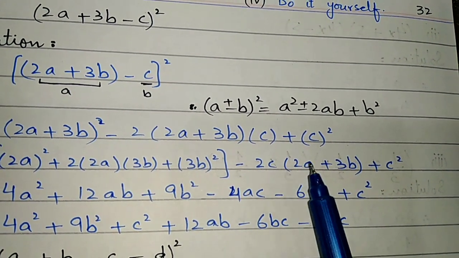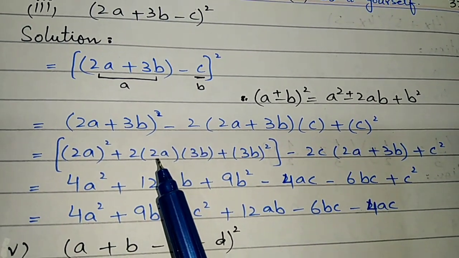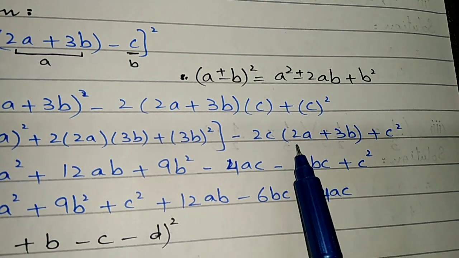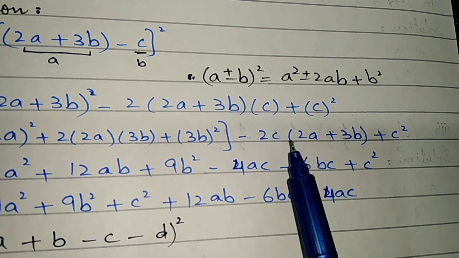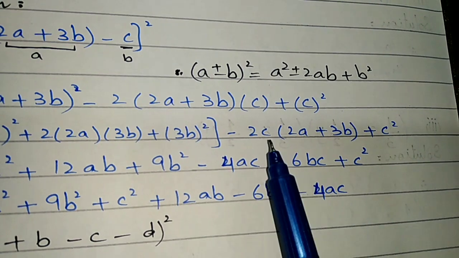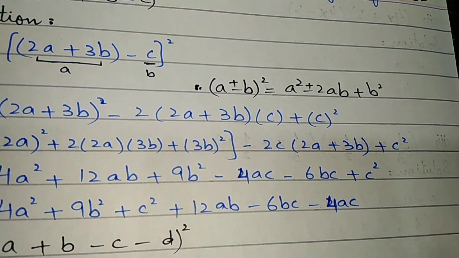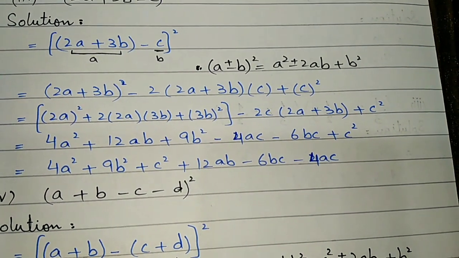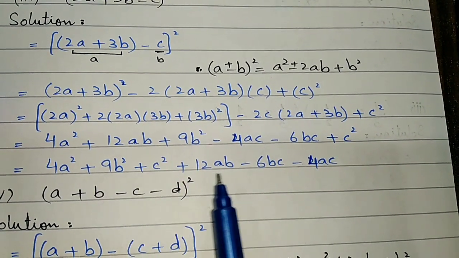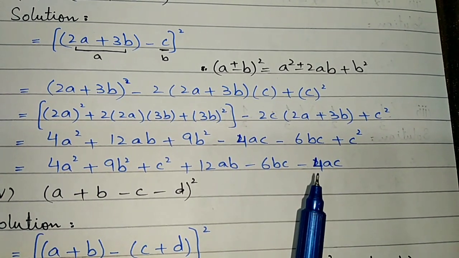We have to multiply these terms in the next step. (2a) square means 4a square, plus 2 times 2a times 3b is 12ab, plus 9b square, minus 2c into 2a, that is 4ac, negative plus negative, 2c into 3b, that is 6bc, plus c square. Now we arrange the terms: 4a square plus 9b square plus c square plus 12ab minus 6bc minus 4ac. They can't be solved further because they have no like terms.